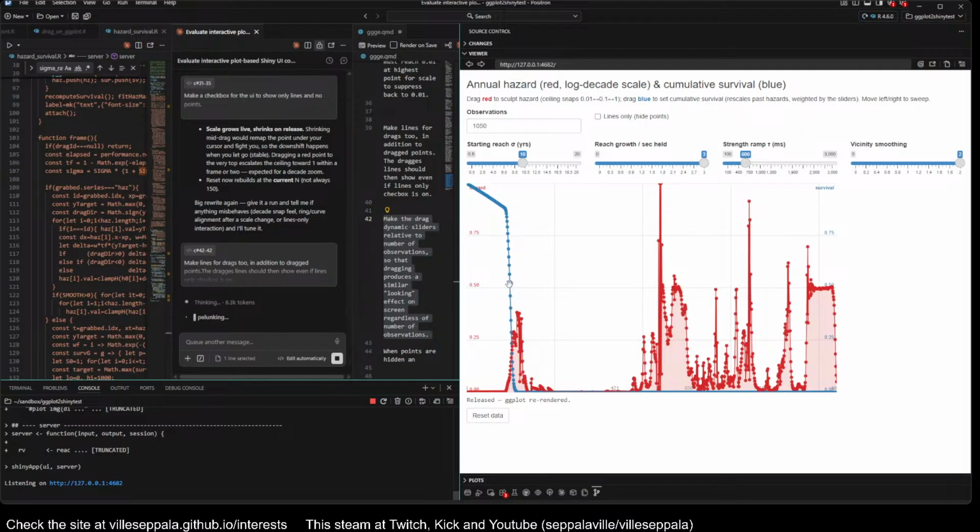Let's put that to the max. Yeah, now it works better. Yeah, you kind of have to. That's one thing here.